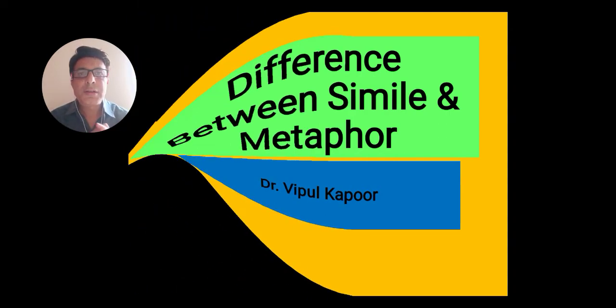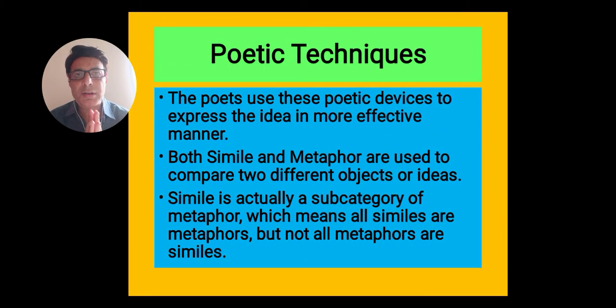Friends, the students of English literature generally come across these terms: simile, metaphor, hyperbole, climax, anti-climax, alliteration, apostrophe and so on. These are all different figures of speech used by the poets in literature.